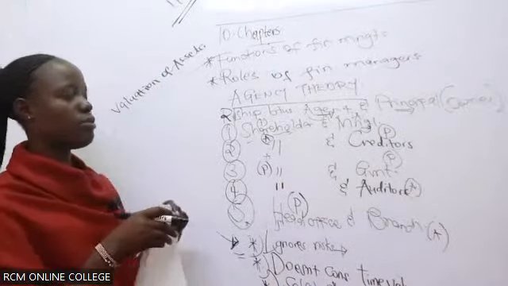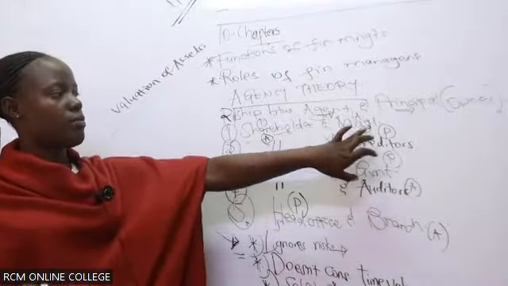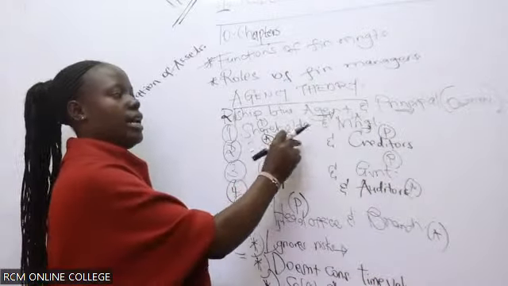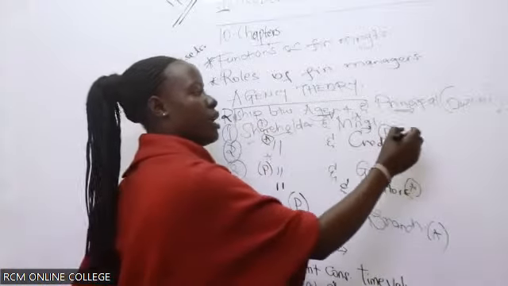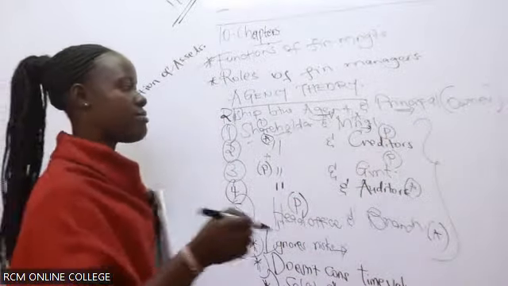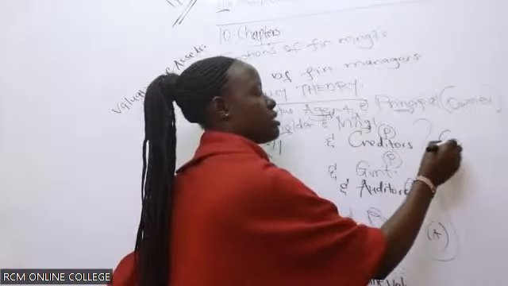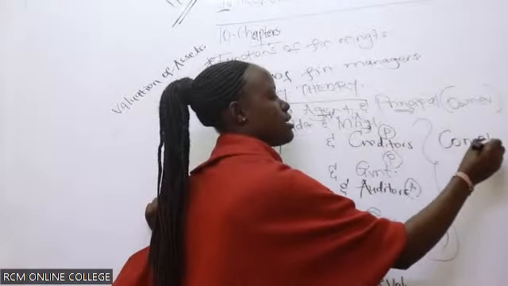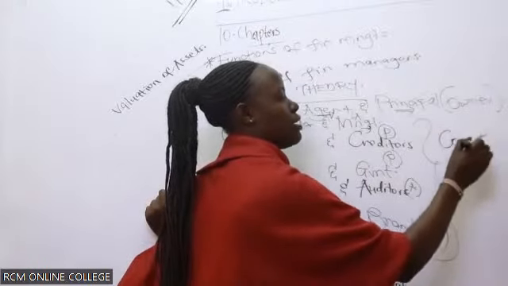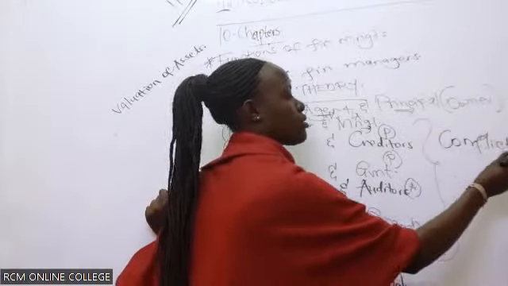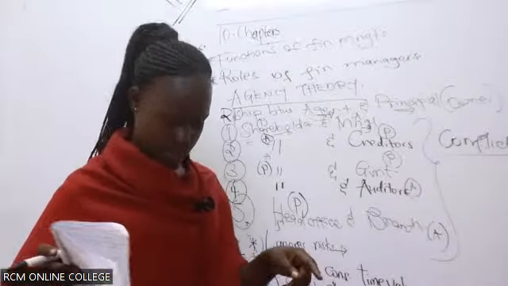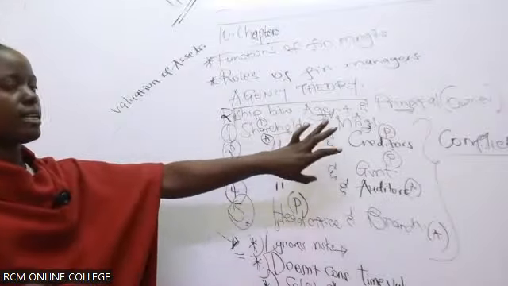So when you're told, for example, to discuss the challenges or the conflicts that may arise between a shareholder and the management, because under agency theory a question might come asking you to discuss the various conflicts that may arise between a shareholder and management.